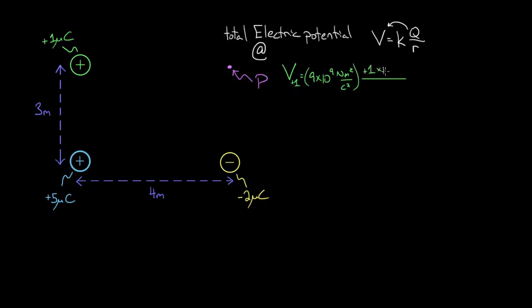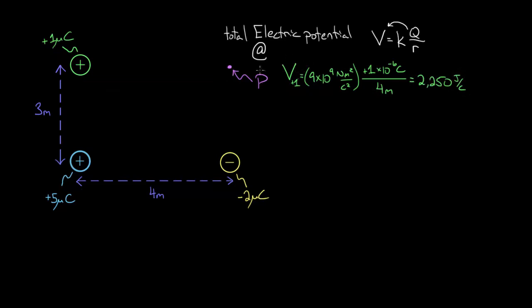Micro means 10 to the negative 6th. And the distance between this charge and the point we're considering is going to be 4 meters. So from here to there, we're shown is 4 meters. And we get a value of 2,250 joules per coulomb, which is the unit for electric potential.